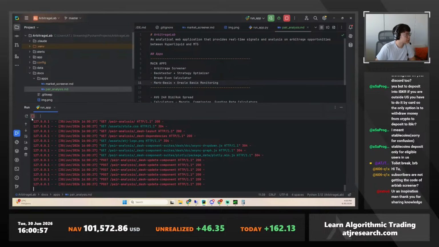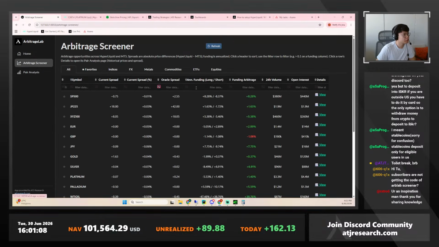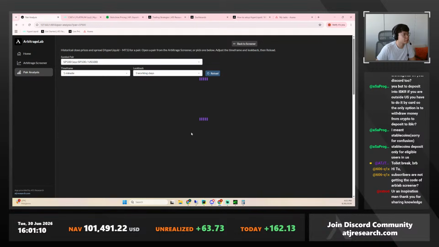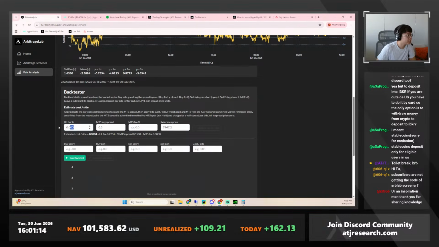Okay, let's restart our app, and now let's again try to run this app on SP500. Here by default we have 0.003, and an MT5 average spread of 0.3.